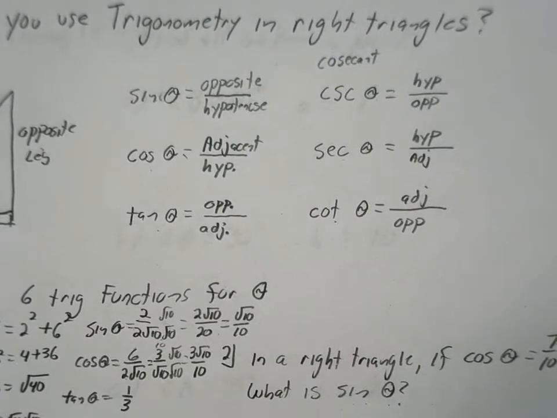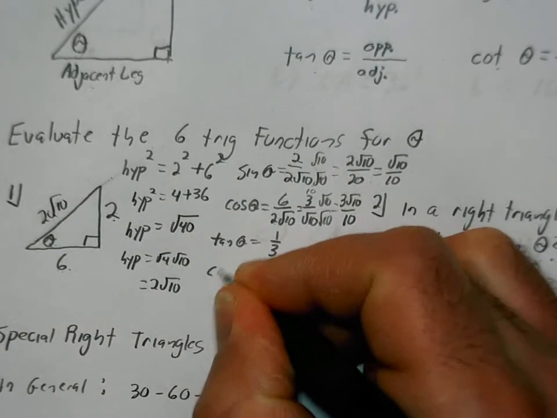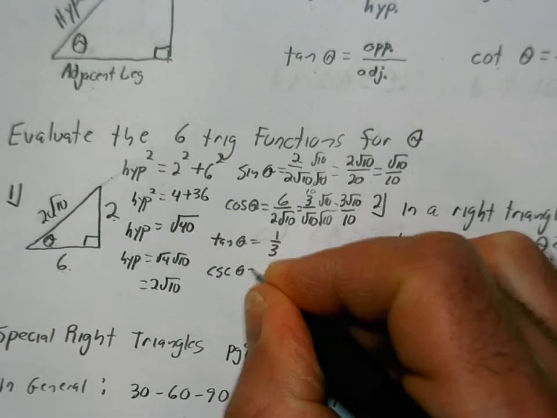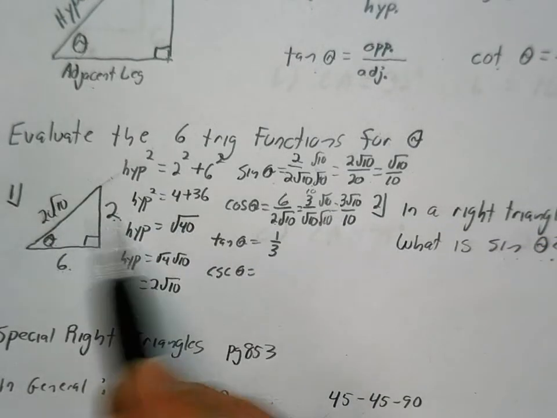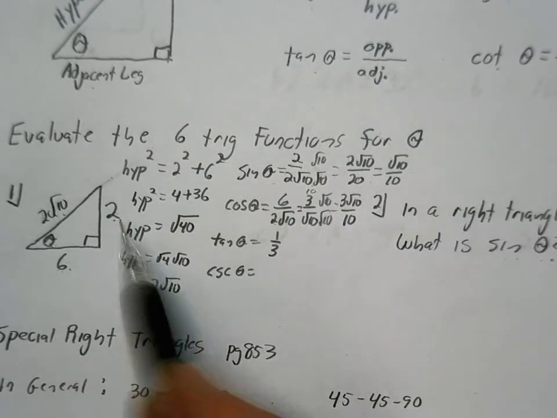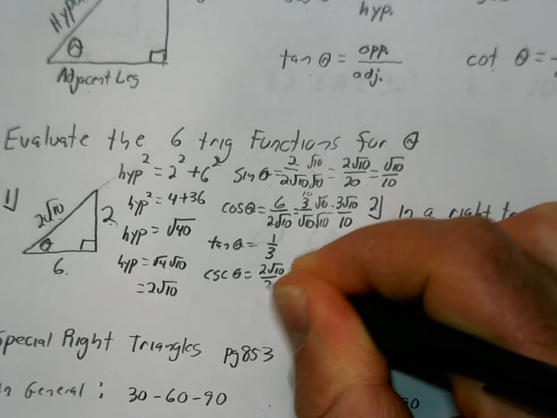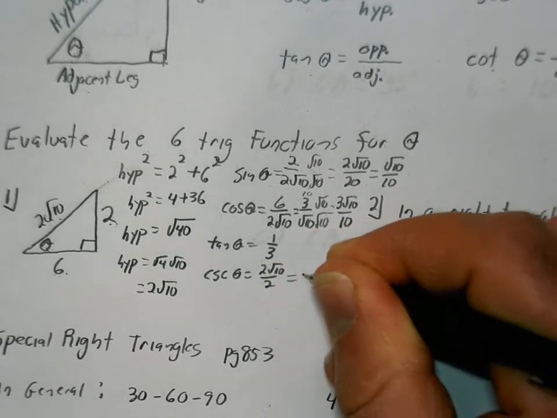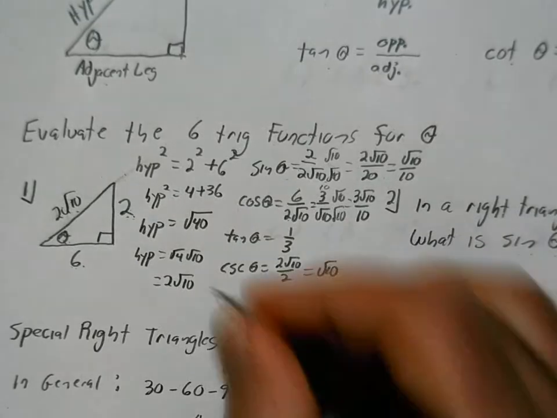Then I need to do cosecant, secant, and cotangent. Cosecant of theta. Cosecant is the reciprocal sine, so sine is opposite over hypotenuse, so cosecant is hypotenuse over opposite. So it's 2 square root of 10 over 2. And the 2's will cancel, so it's just the square root of 10. Secant.